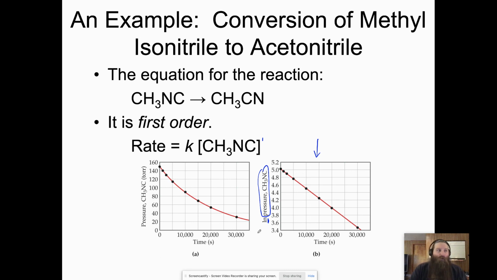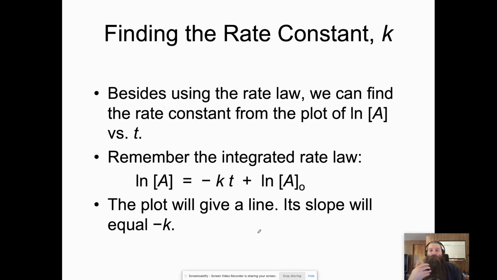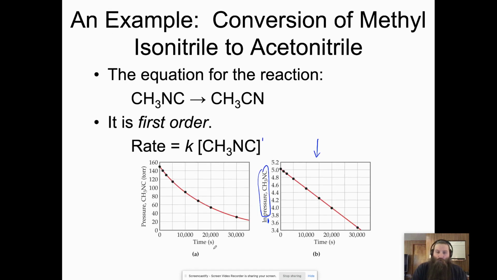Now, it would be really nice to be able to find the rate constant K. And we always find the rate constant K using this data. So we know the integrated rate law, there it is, and the slope is equal to negative K. So if I find the slope of the line that we graphed right here, I could use these two values, like 4.5 at 10,000 and looks like 4 at 20,000.